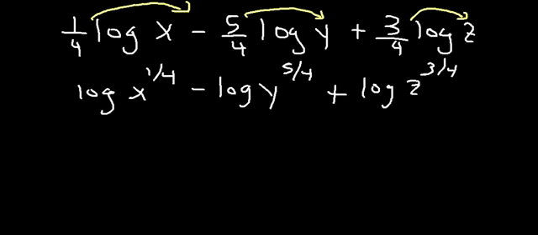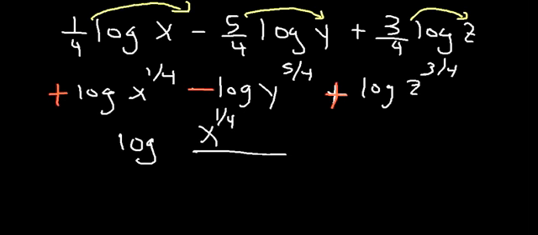But let's continue. So now we're going to write one single log and a fraction. So the first one, we have positive log x, then negative, and then positive. So x and z will be on top again. So x to the 1/4, and then z to the 3/4 divided by y to the 5/4.